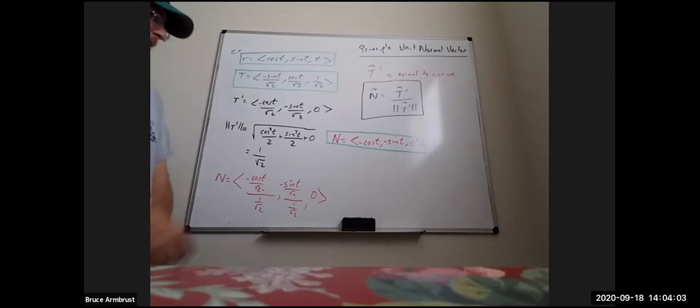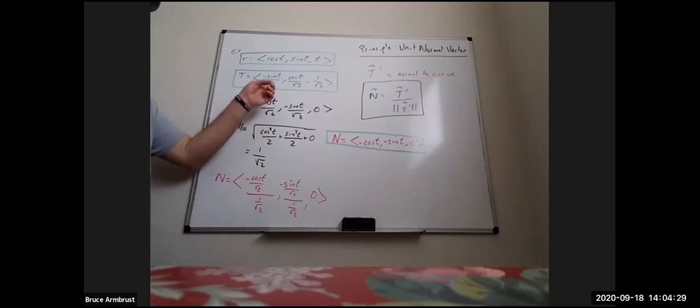But I am going to warn you that finding big N can actually be really cumbersome sometimes. This example that I just showed you is really nice because the magnitude of r prime was constant. When we calculated it, we saw the magnitude of r prime was the square root of 2, nice and constant.